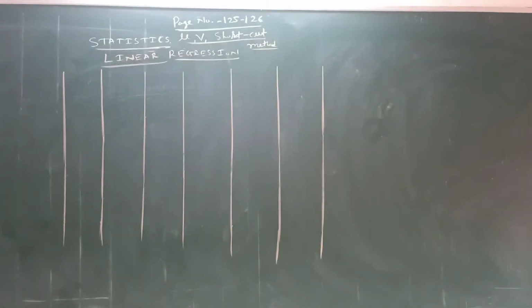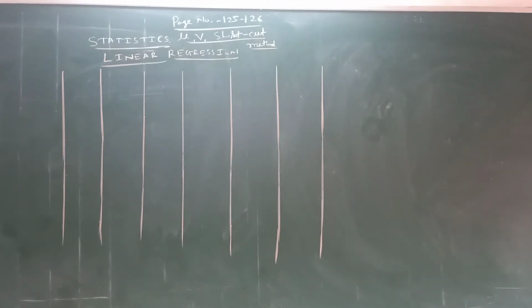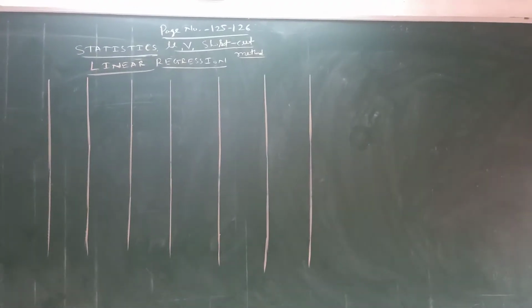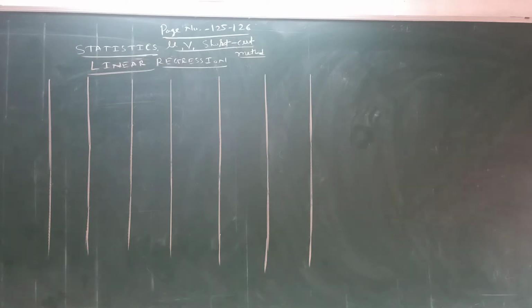As you are all aware, these 3 different steps are: number 1, find out the regression coefficient. Second, find out the constant. And the third is find out the regression line. Students, if they ask, then at last we have to do the forecasting also.